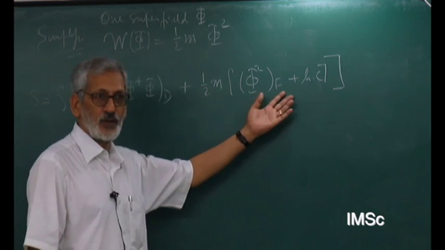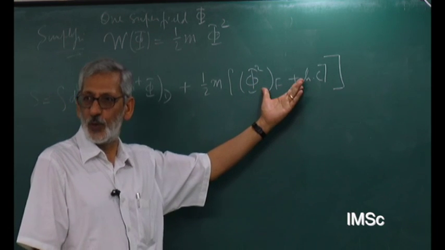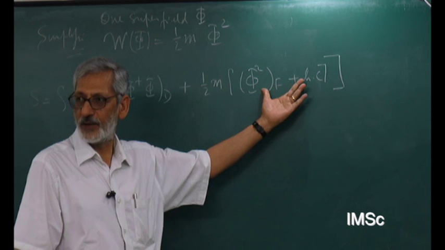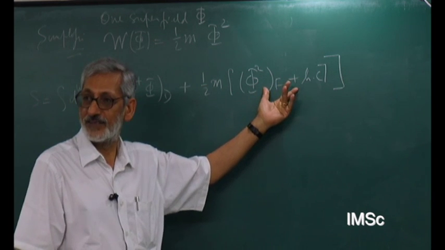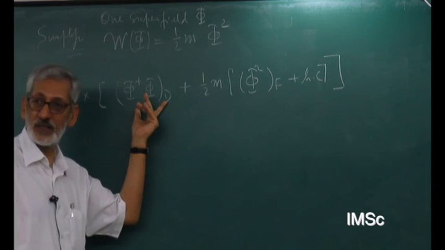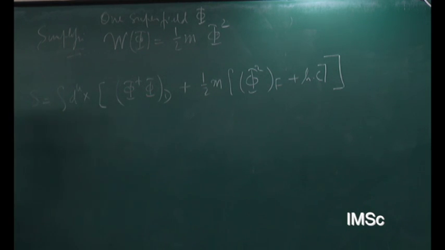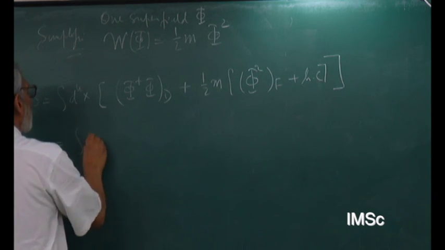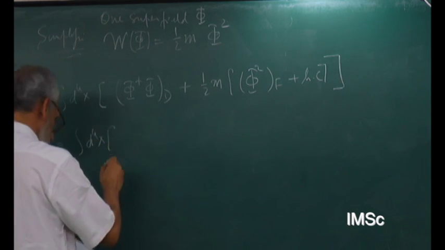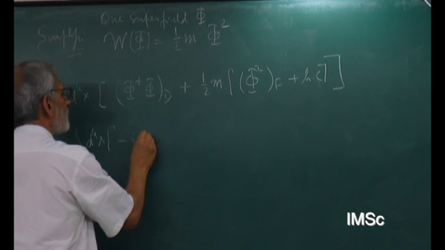I will not write this theta theta bar. In this you put theta theta bar equal to 0 in the end, so that you write this as a function of x. This by construction is a function of x. And do this exercise that we did earlier.